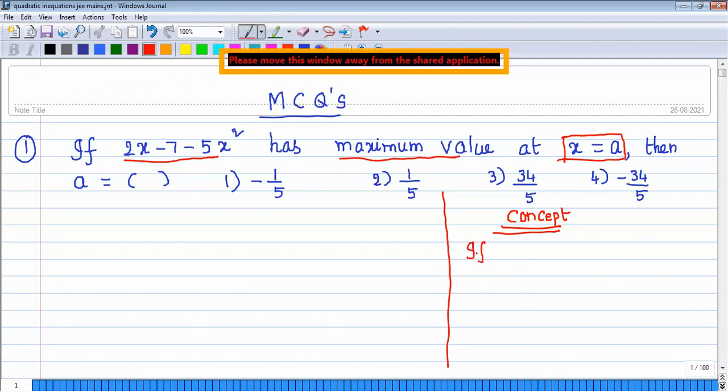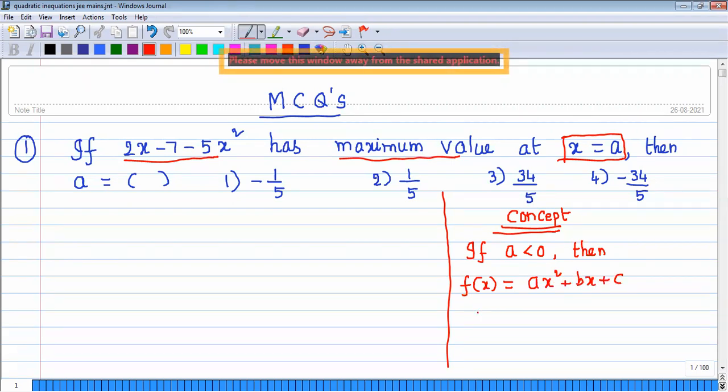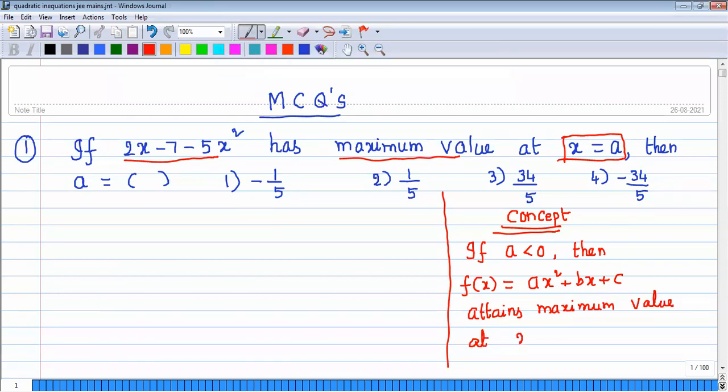If a is less than 0, that means coefficient of x square is negative, then f of x equals ax square plus bx plus c attains maximum value at x is equal to minus b upon 2a.